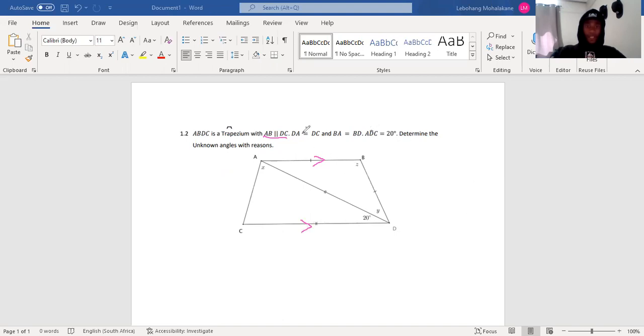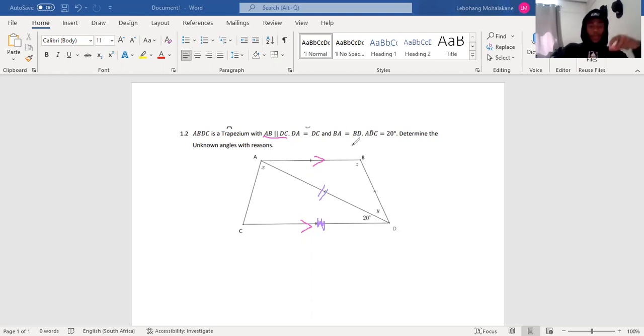And then you have DA. Here's DA. It is equal to DC. So this line here is equal to this one. It's shown also in the diagram.